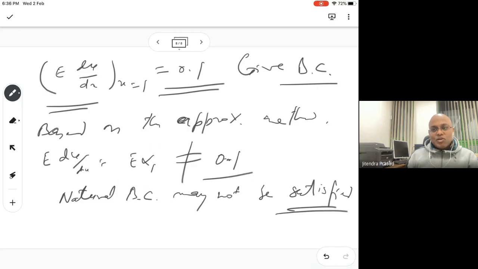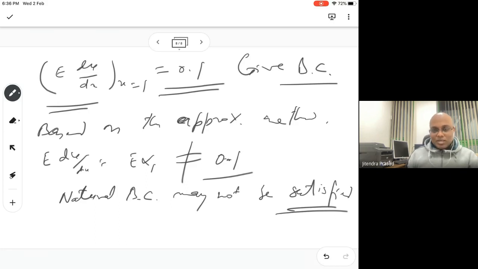What I'm saying is the equivalence depends on the conditions, meaning it is possible that the exact solution you get using the strong form, you can get using the weak formulation as well, provided you select the right kind of trial function.